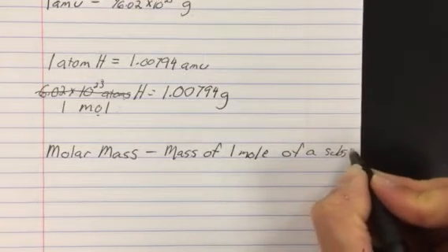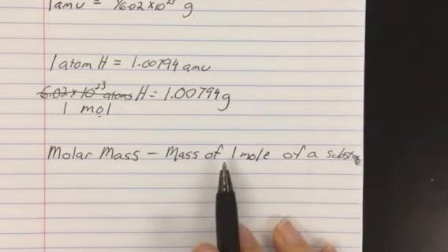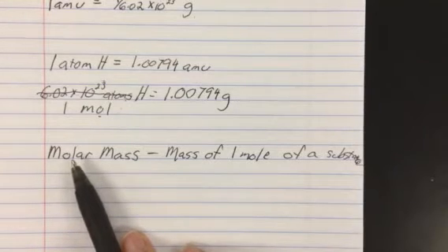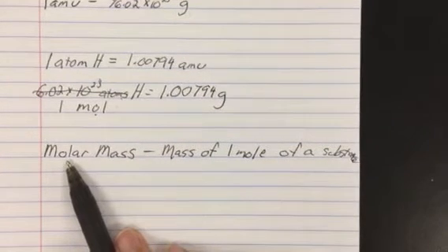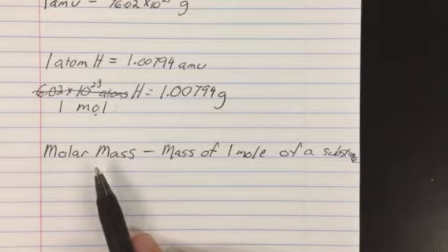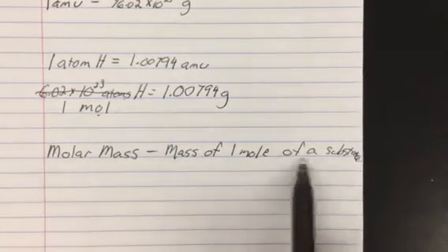Different textbooks will use the terms gram formula mass, gram molecular mass, and gram atomic mass. It's dumb. They all mean molar mass. They're giving a different distinction to ionic compounds and covalent compounds and monatomic elements, but we just don't care. All of them, molar mass.